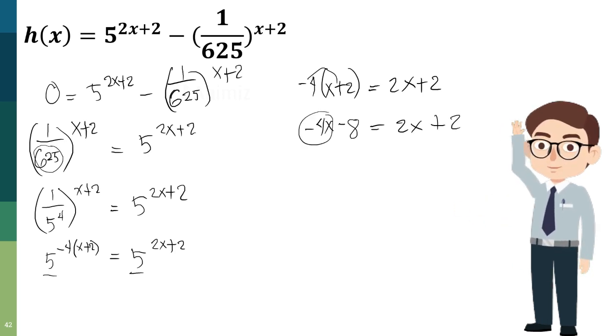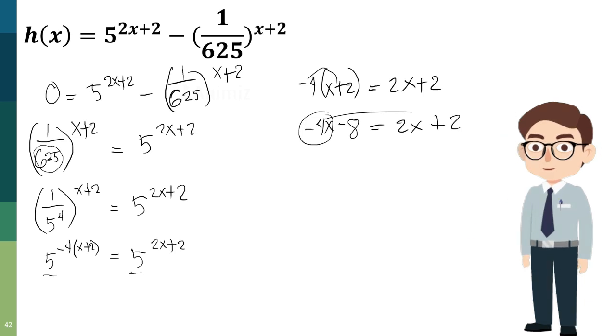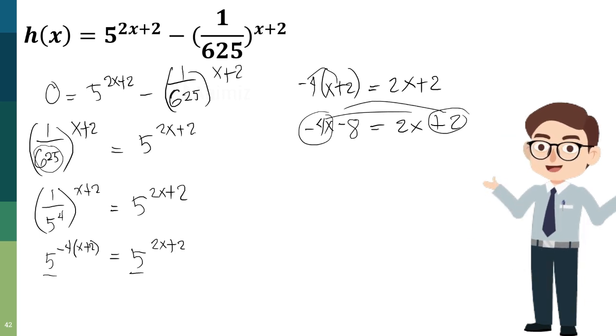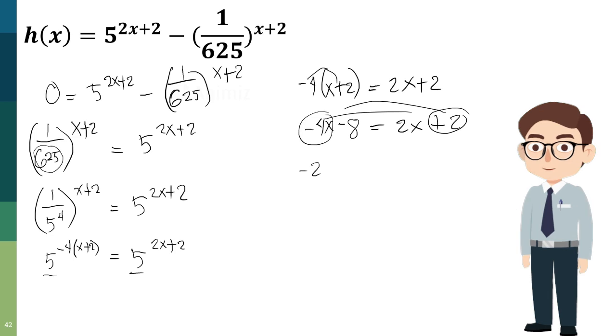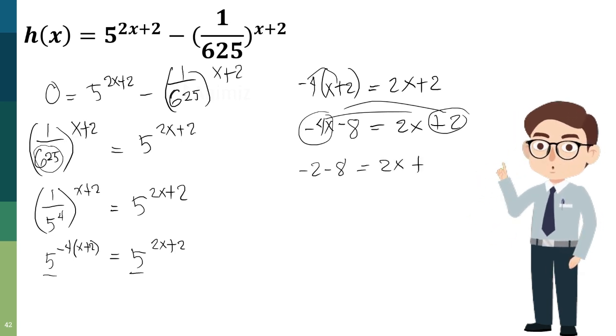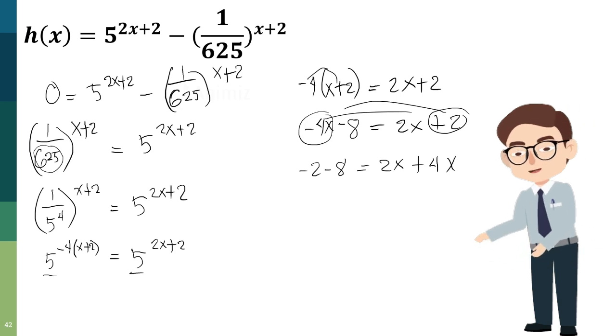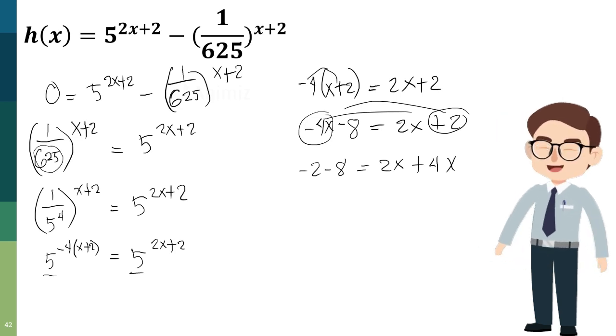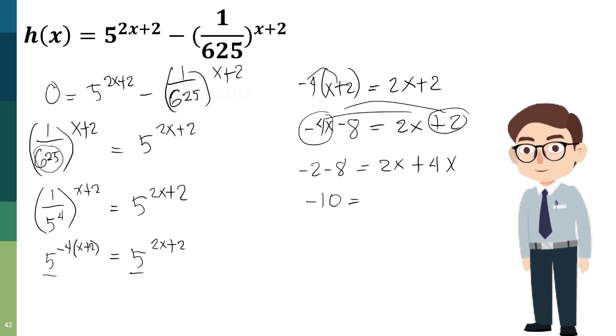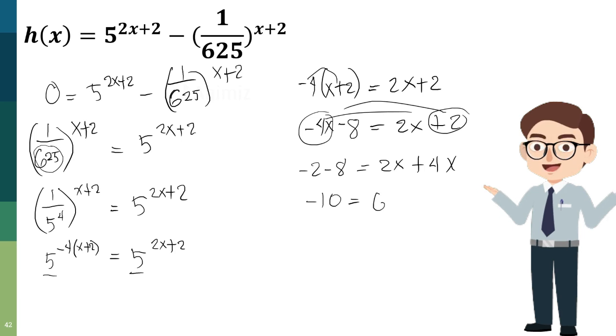We will transfer negative 4x to the other side of the equation and 2 to the other side of the equation. That is negative 2, negative 8 is equal to 2x plus 4x. Negative 2 and negative 8 is negative 10 is equal to 2x and 4x is 6x.